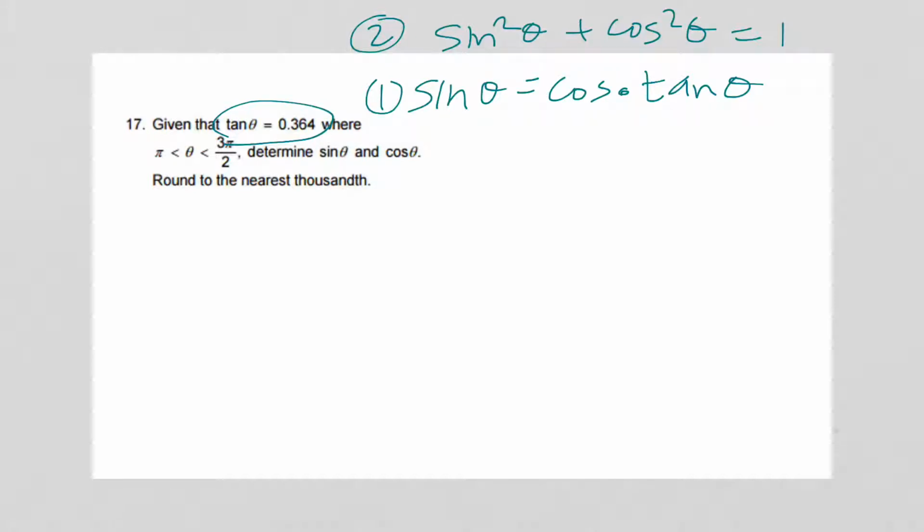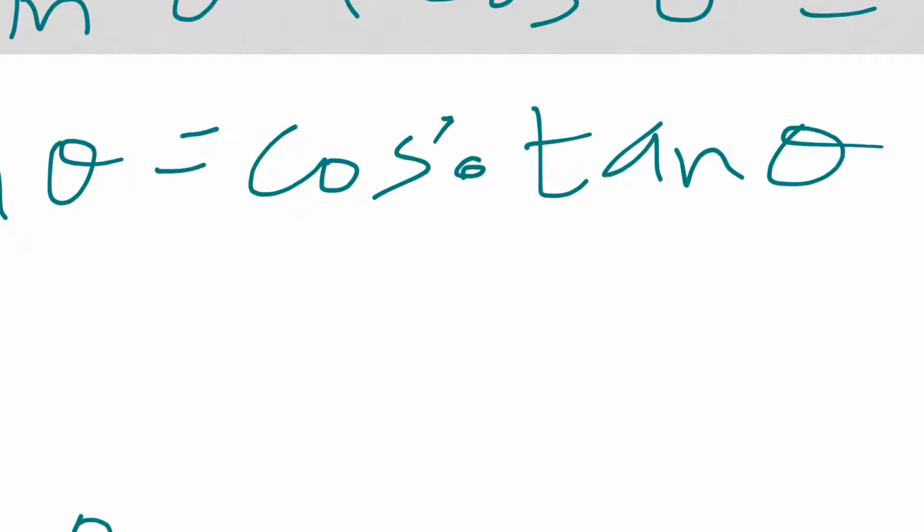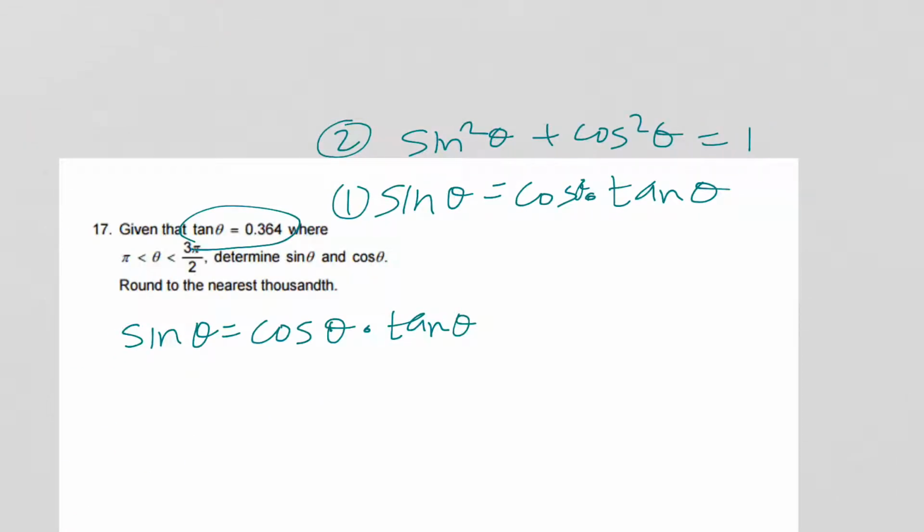So first, I'm going to use equation 1. So sine theta is equal to cosine theta times tan theta. I forgot a theta sign. Well, I know what tangent is, so I'm going to plug in the value for tangent.